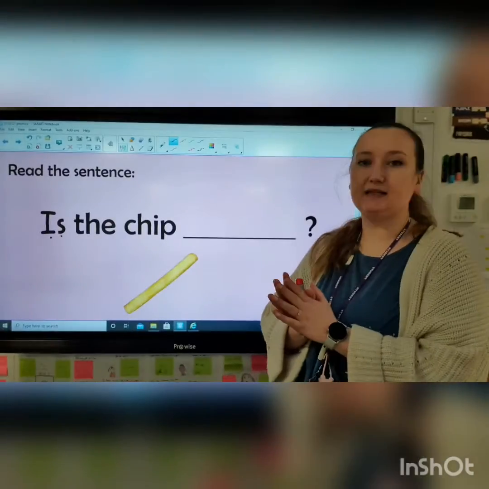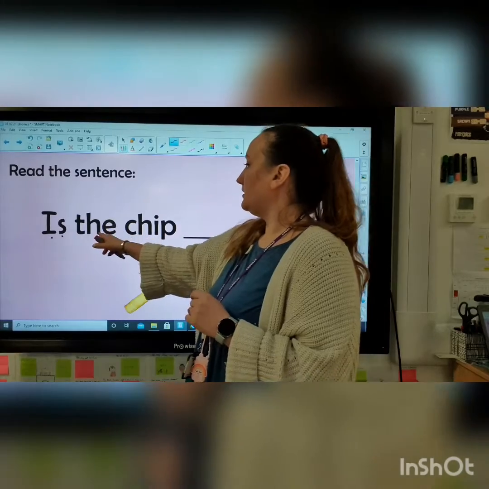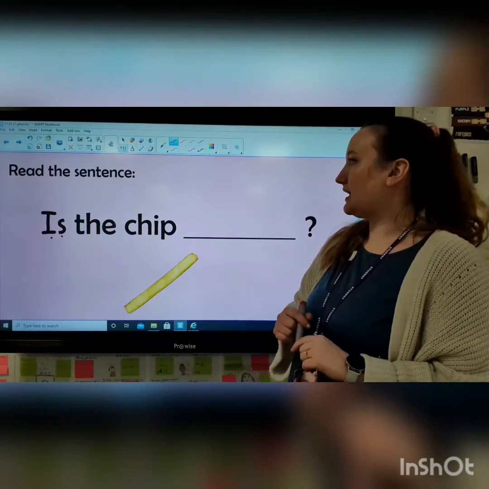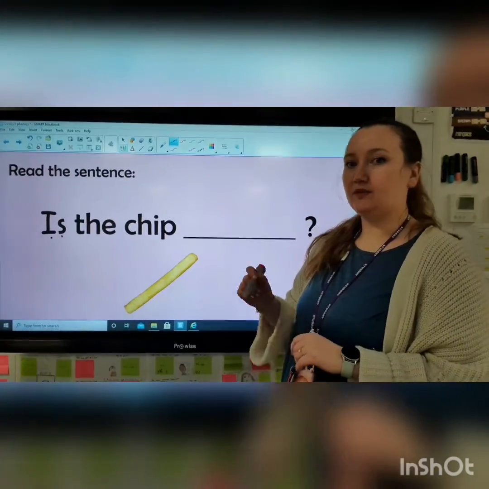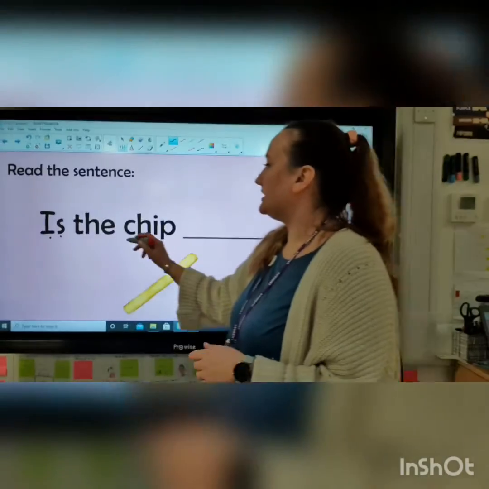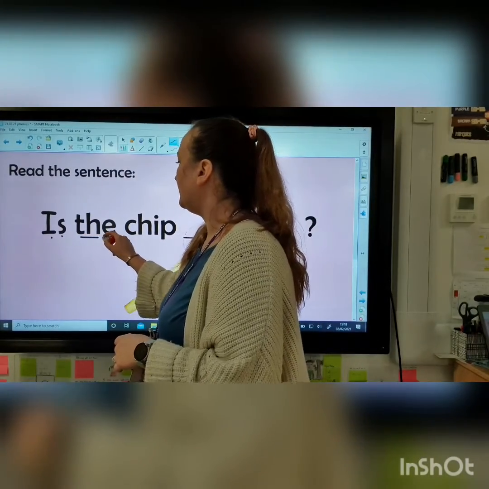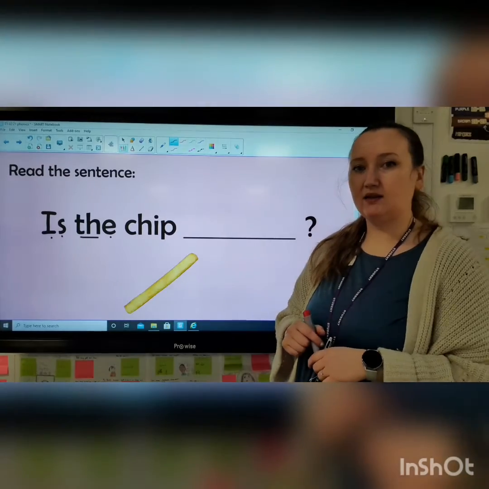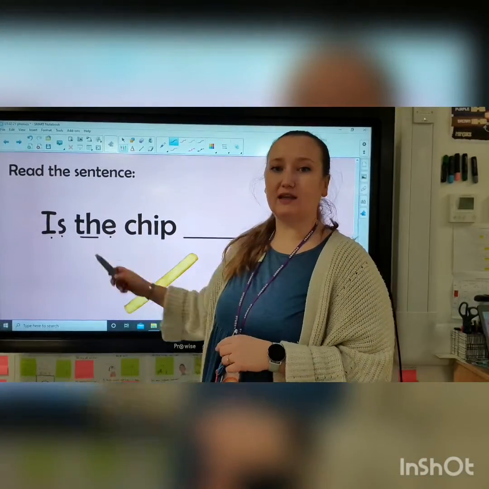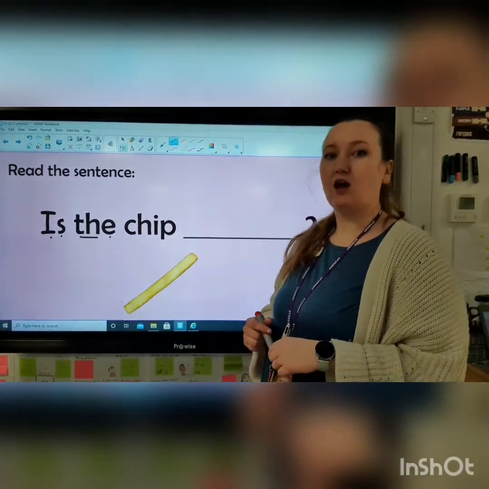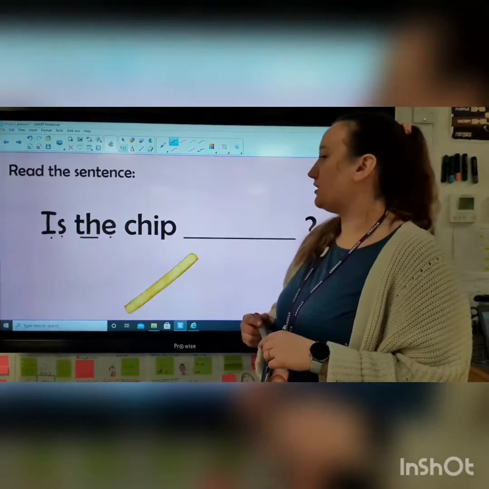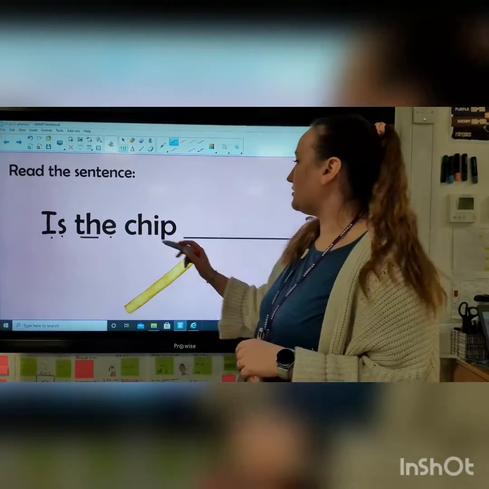Is. Easy peasy, isn't it? Okay, this one. So this has the different way of reading our new phoneme, isn't it? Do you remember I said that when it's in this word, we say it a little bit differently. So it's the, isn't it? The. You can hear that, the.